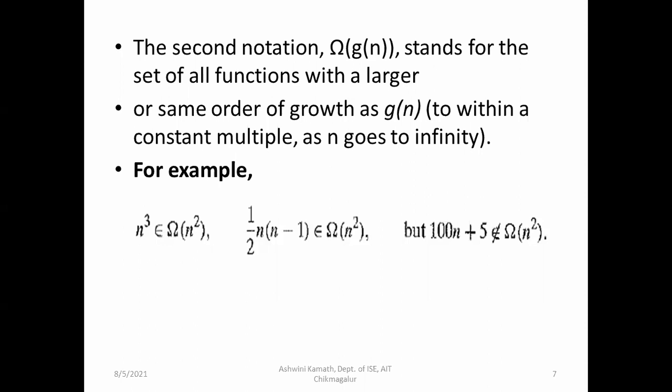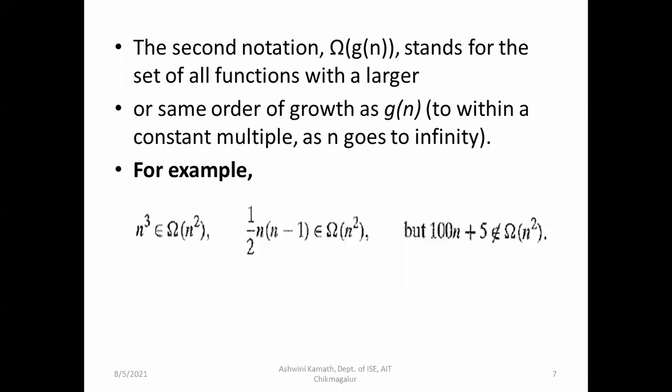If I multiply with that constant 1 by 4 n square, obviously half n square becomes bigger than that, right? So on the left hand side, whatever we have, if it has a larger order of growth, then we say that it belongs to omega of n square.